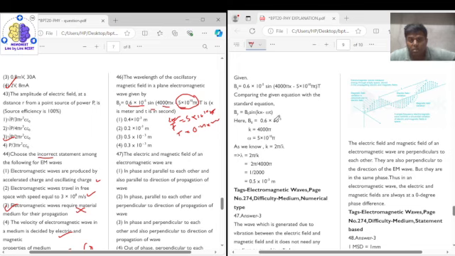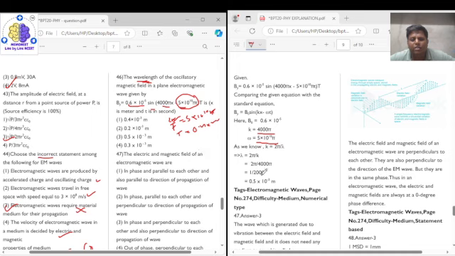Wait a minute, from here we get k. We get k is equal to 4000 pi and omega is equal to 5 into 10 to the power of 10 pi. What they are asking is wavelength, not the time period.